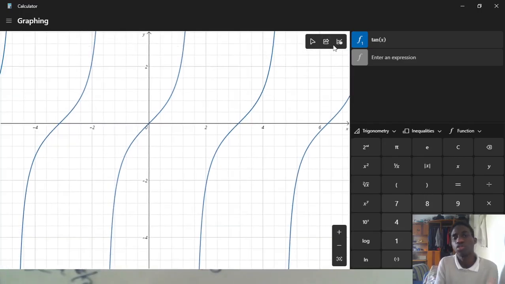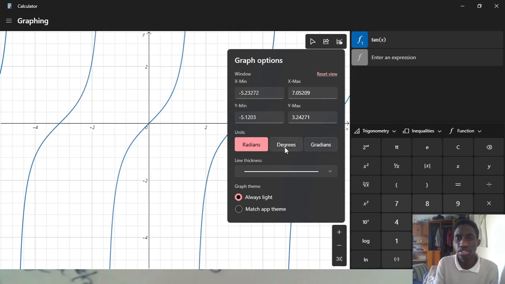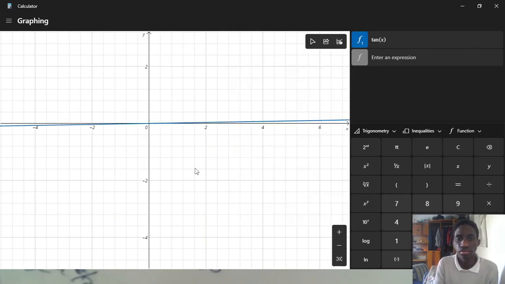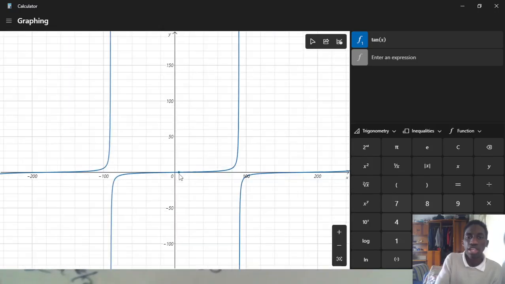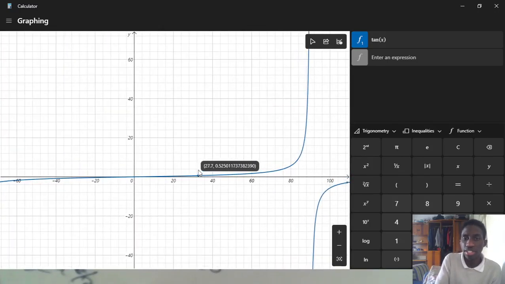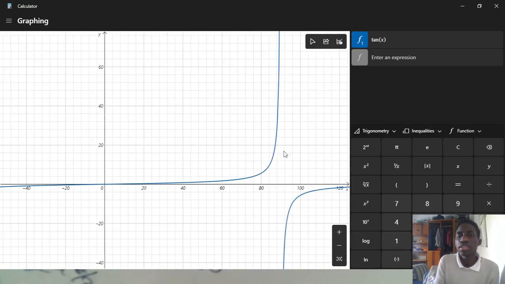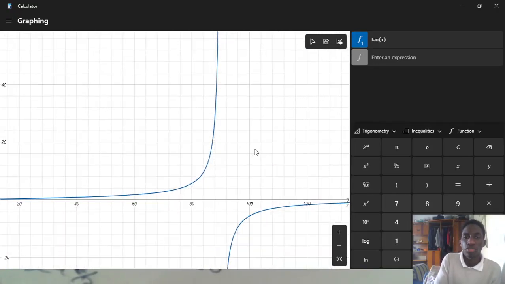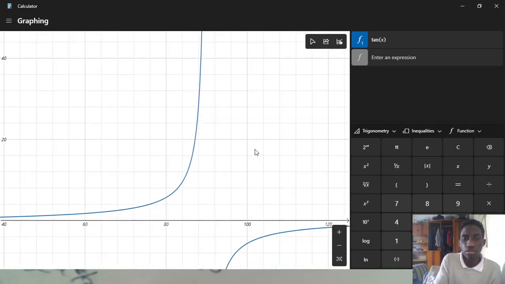Okay, but for the sake of easy readability, let's make use of degrees, just so the x-axis is in degrees. So pi over 2 in radians is 90 degrees. Can we spot 90 from here?